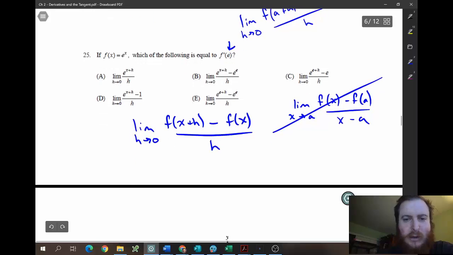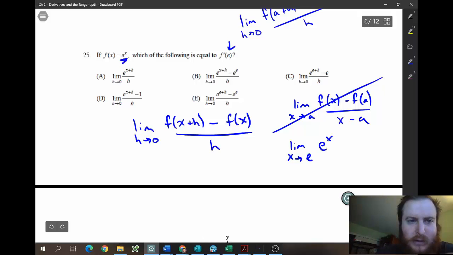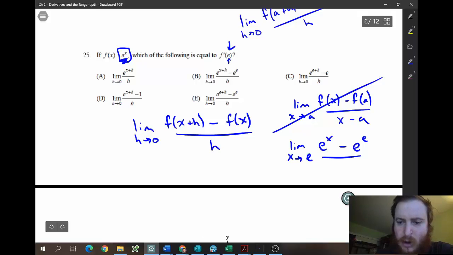But just so we can see what that would look like for this one, it would have been the limit as x approaches e, because that's the value we have, of f of x, which in this case is e to the x, minus e to the e, because we plug in e wherever we see x, over x minus e. So that's how that would have looked.